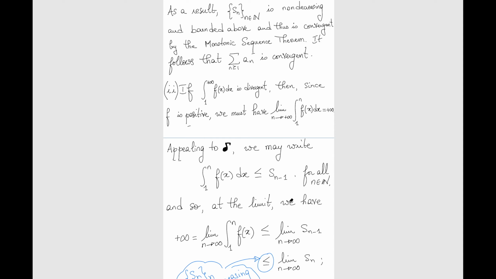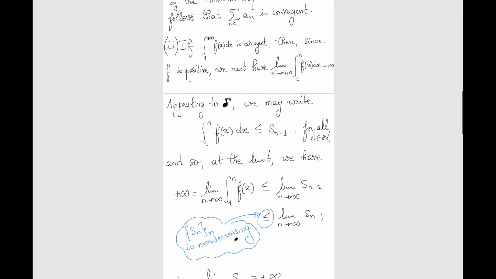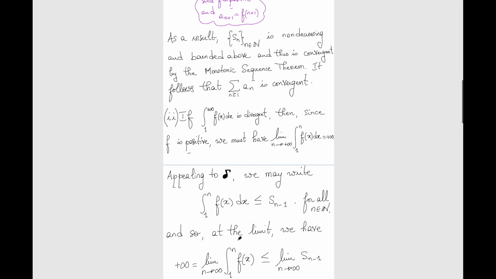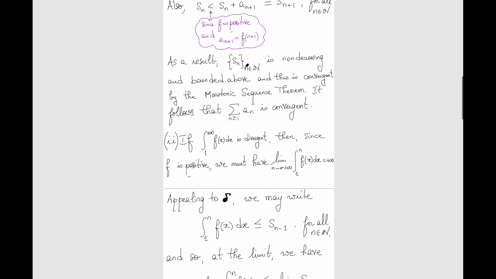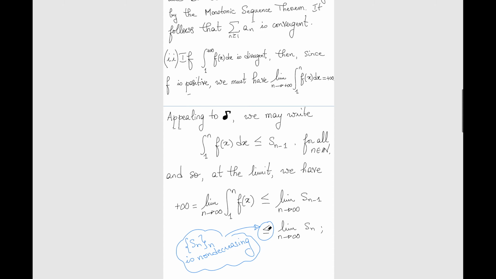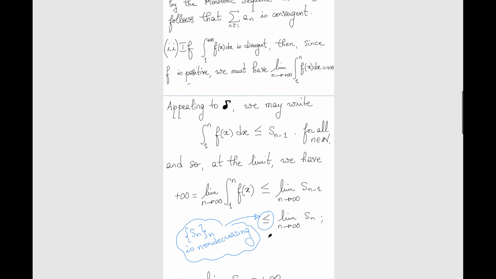Correct? All right. Since Sn is non-decreasing, why is it non-decreasing? We just said it. It's the same sequence. That guy is going to be smaller than Sn, and hence at the limit, this inequality is going to remain true.